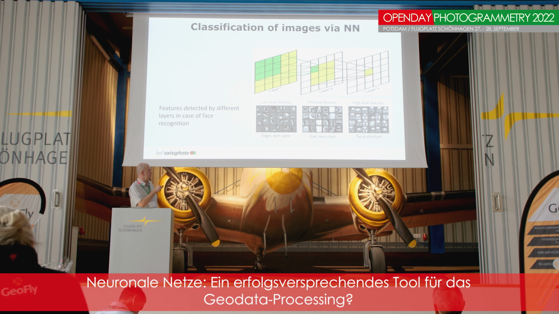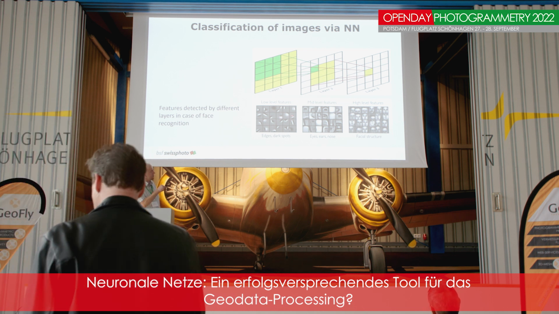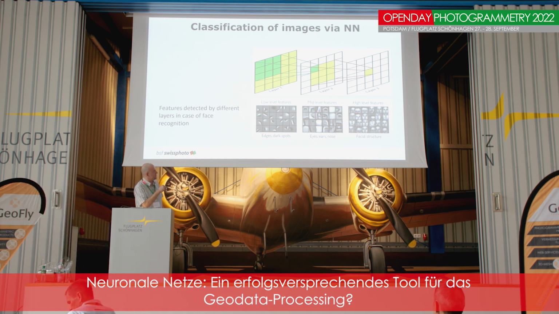These are some edges, dark spots, and so on and so on. The next levels will learn mid-level features, which are combinations of these features. They are eyes, ears, noses, and so on. Even higher level features are combinations of this one. These are already facial structures, and bigger and bigger and bigger.